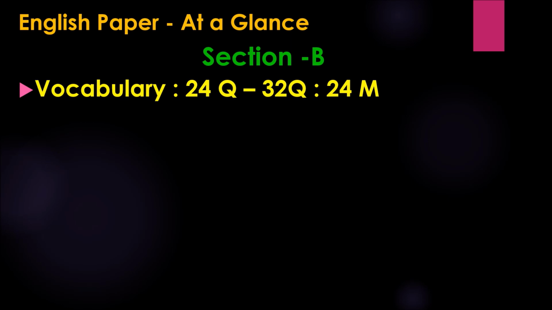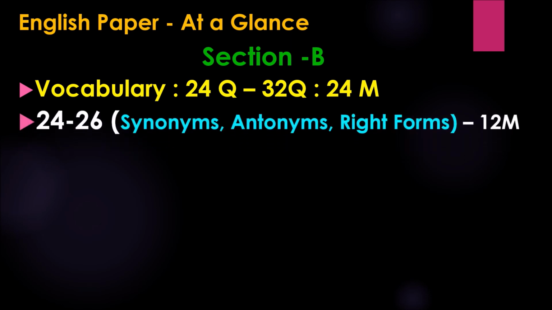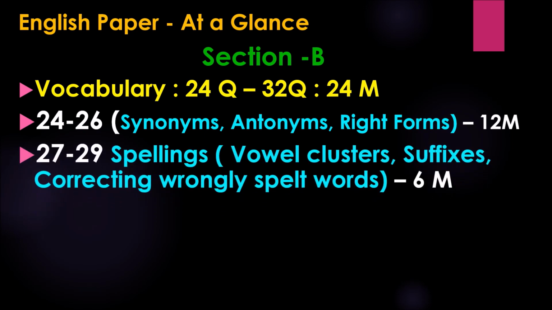Question number 24 to 32. You'll have 24 marks for vocabulary. So from question number 24 to 26, we'll have synonyms, antonyms and the right forms. And from 27 to 29, we'll have spellings like word clusters, suffixes and correcting the wrongly spelled words.